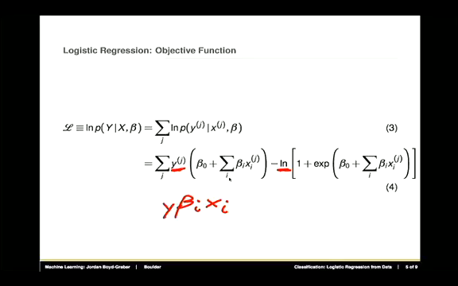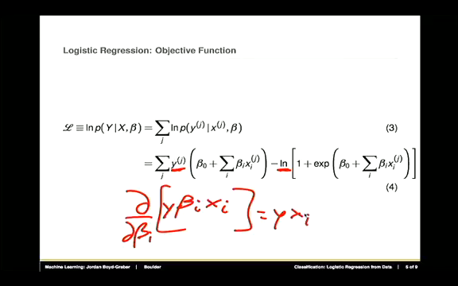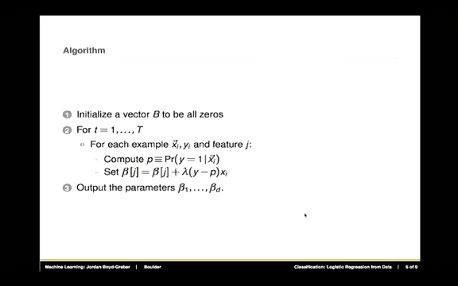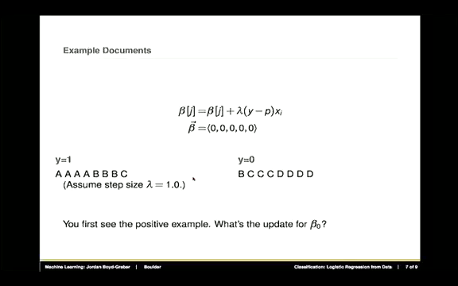So that makes sense. You have this beta i, and then when you take the derivative with respect to beta i, you're left with just y xi. And so you're seeing that in this part of the update here. So that's where that part comes from.